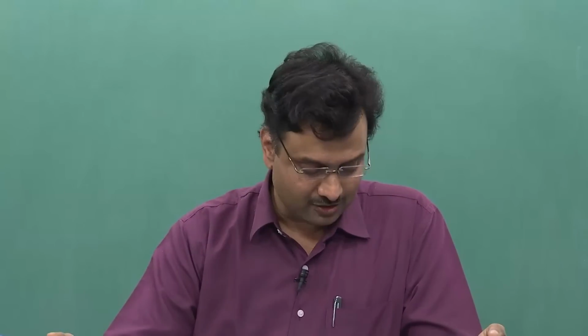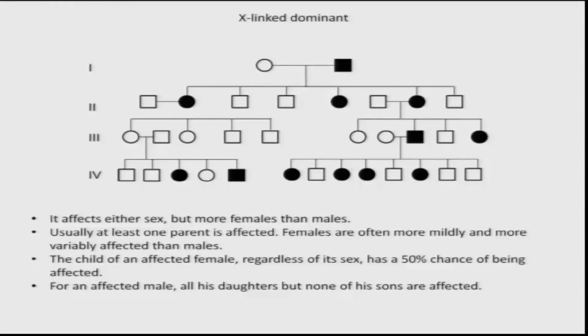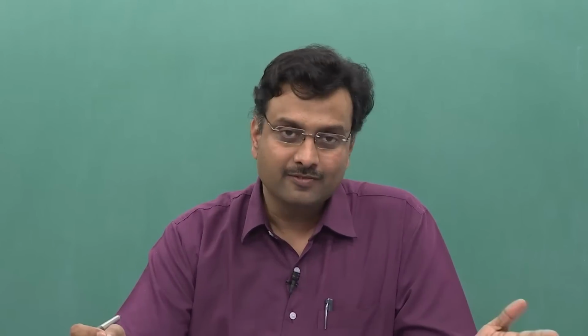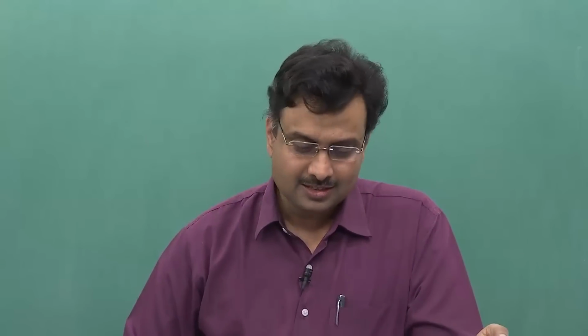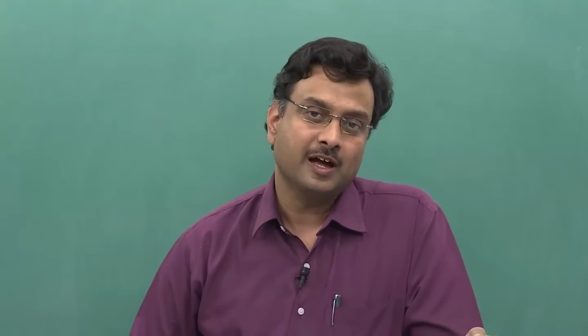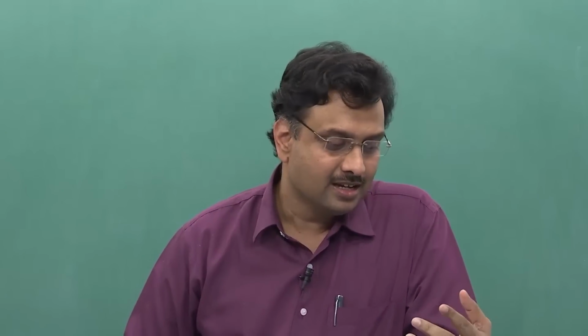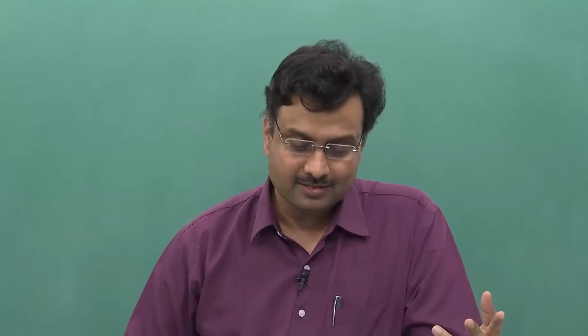So, for an affected male, all his daughters but none of his sons are affected, because the moment he contributes the X chromosome in his sperm, whichever egg it fertilizes would result in a daughter, not a son. So, the daughter will be affected if it is X-linked. This is how you really look into the family and come up with a hypothesis or a suggestion that the phenotype you are seeing is dominant, recessive, and what it is.